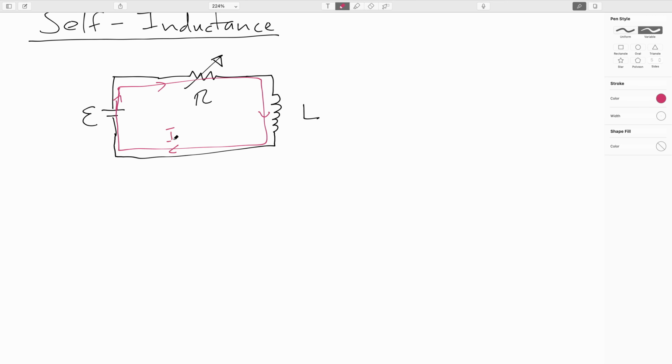But I'm wondering what will happen to the magnitude of the current through the circuit as I decrease the resistance. So pause the video and get back with me on that.